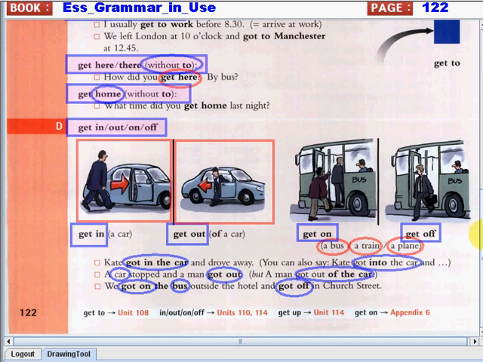You will get to know more about these expressions when you go to Unit 108, Units 110 and 114 for the prepositions in, out, on, and off. And for the word get up, you will learn this more in Unit 114 and get on in Appendix 6.